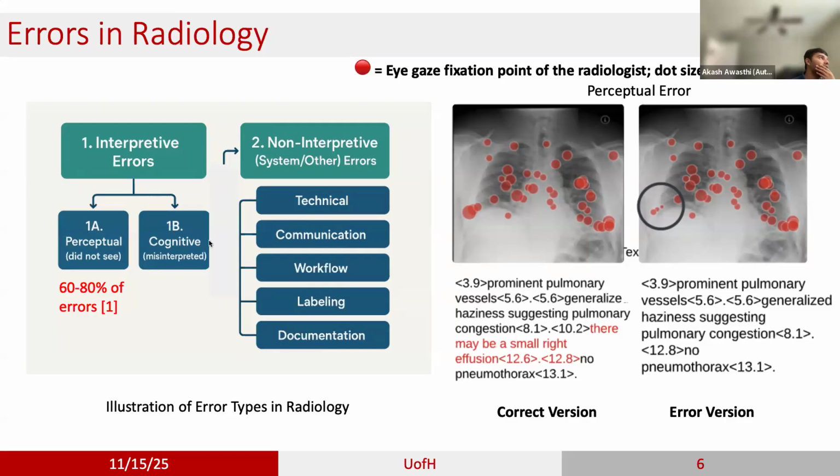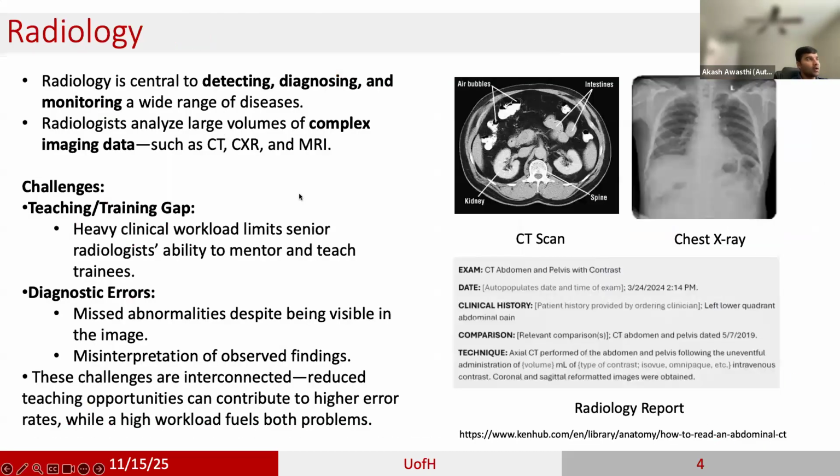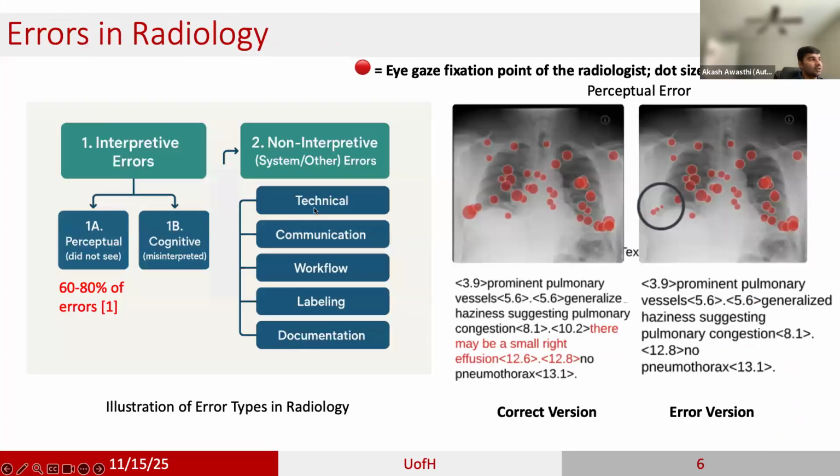So first, let's talk about what kind of errors happen in radiology, specifically two types of error: interpretive errors, the perceptual error and cognitive error, and there are non-interpretive errors, which are basically technical, communication, workflow, like mistakes in communication, or writing or grammar.